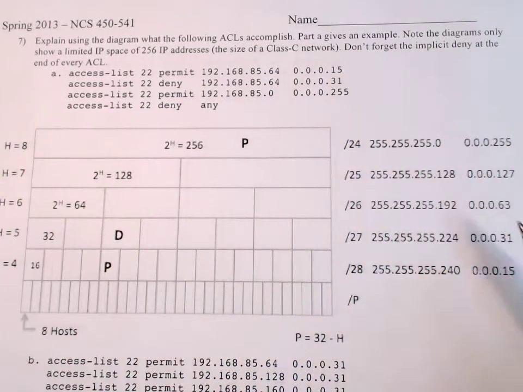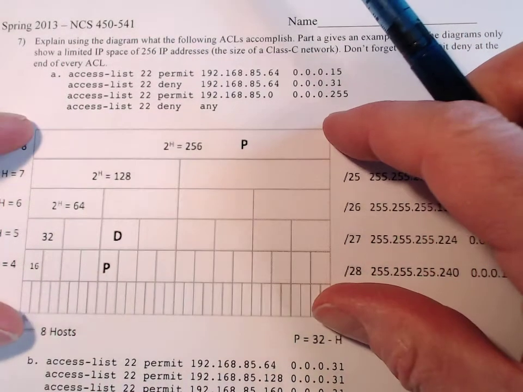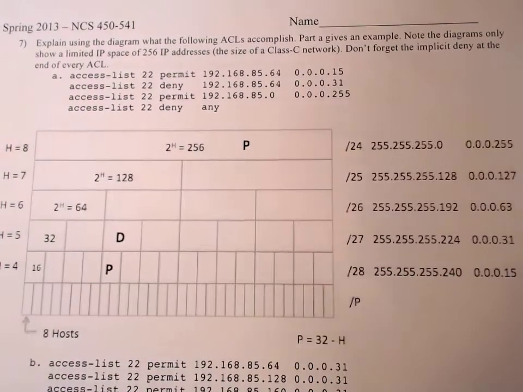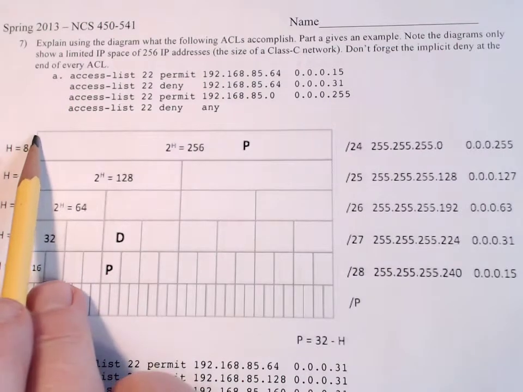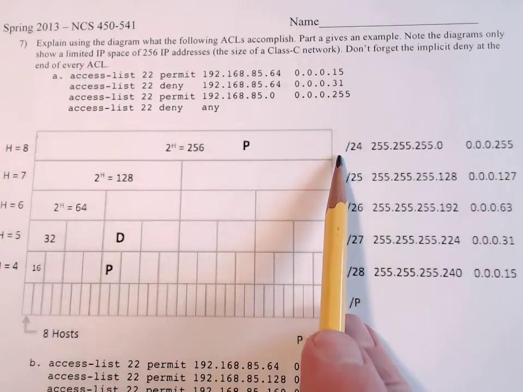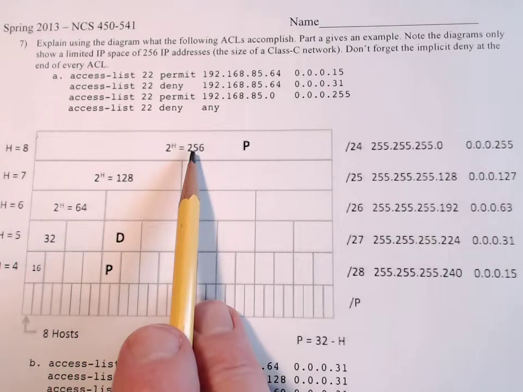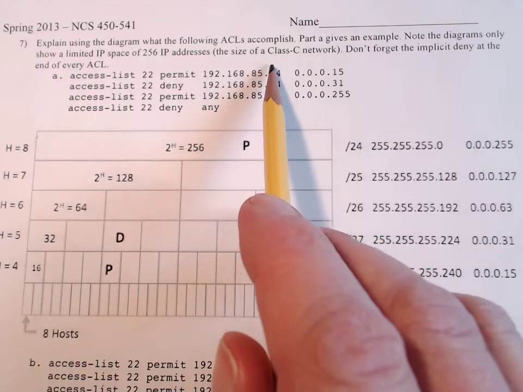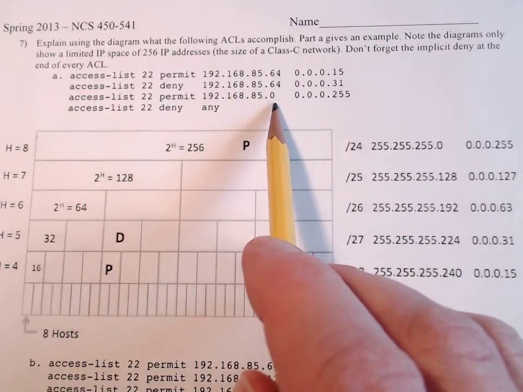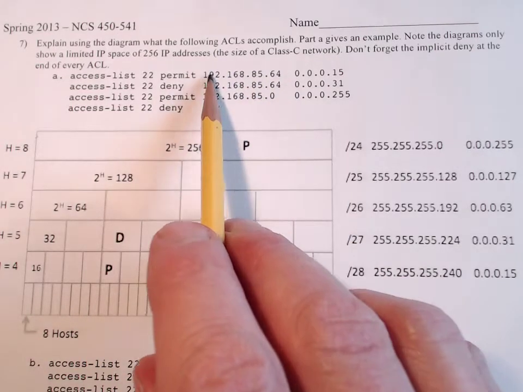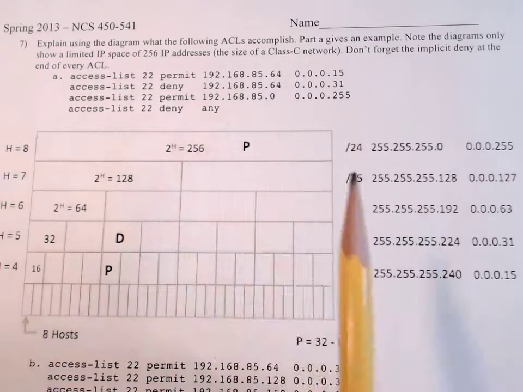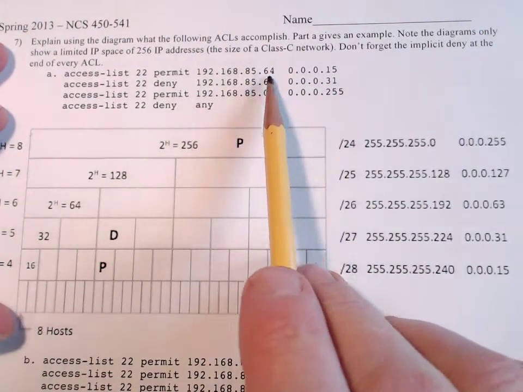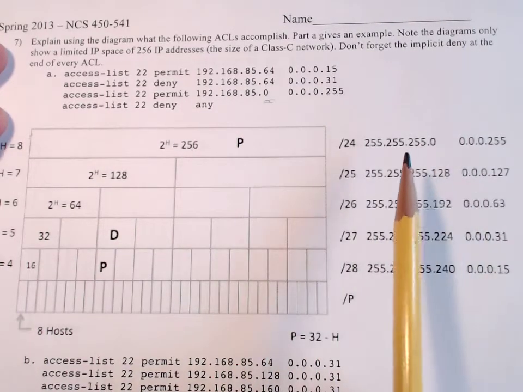First of all, we have to realize that this is an IP space of 256 addresses, meaning that this full width at the top here is 256 IP addresses. This is exactly the size of the last octet of the IP address. So we're going to completely ignore the 192.168.85 from here on out. We're just down in that 256 IP address space, which is represented by that last octet.